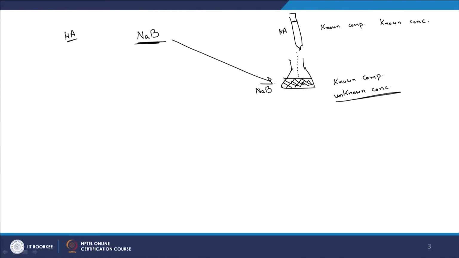Hopefully you understand that. So, let us just jot that down. At the equivalence point, the amount of acid added will be equal to, or equivalent to, the amount of base that is present in the solution.